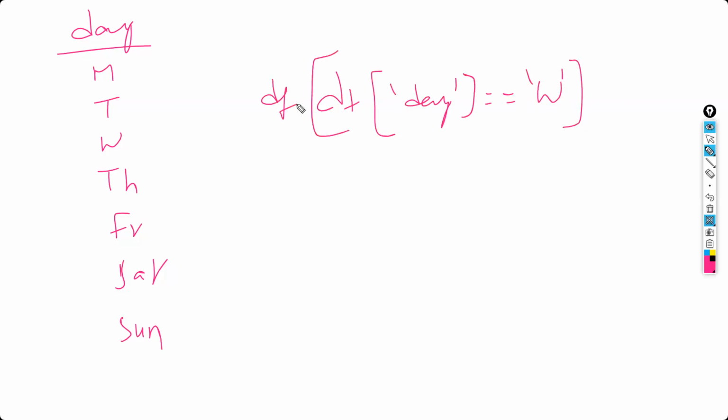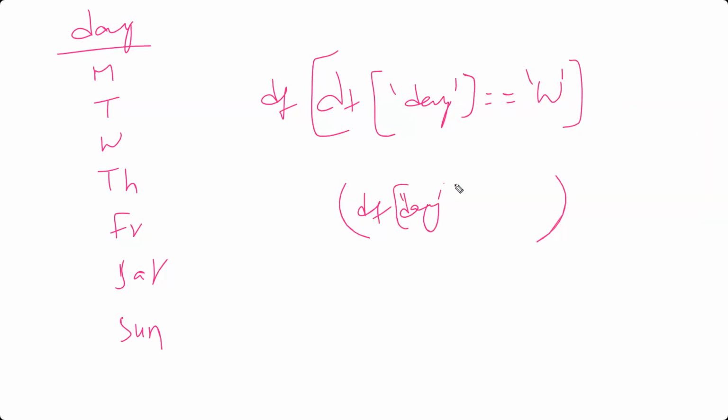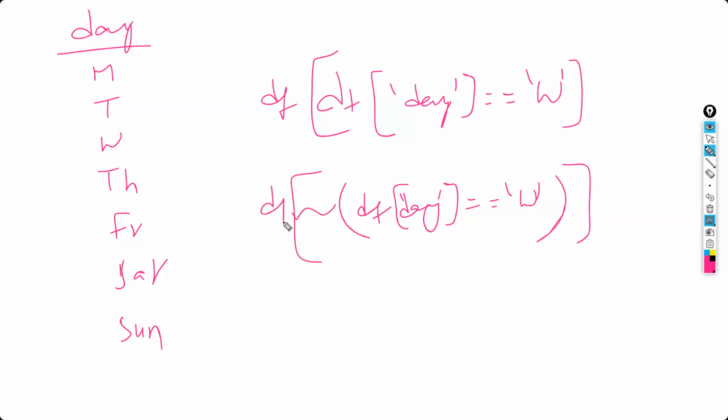Then condition satisfied records will be selected. Exclusively Wednesday, this one. Now I don't want Wednesday, everything other than Wednesday. It means same df of day is equal to Wednesday, other than means not equal to.